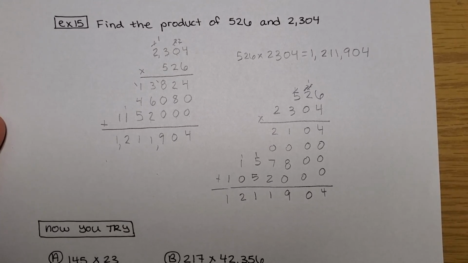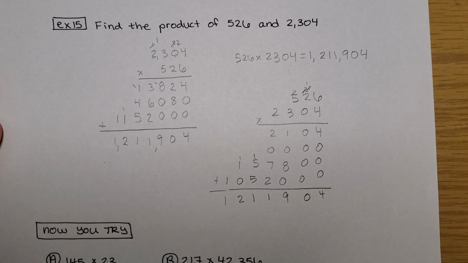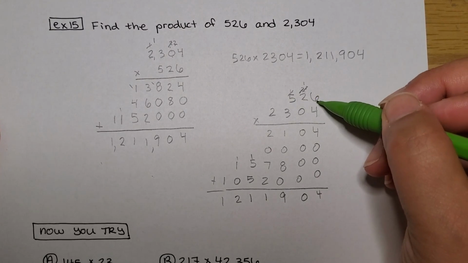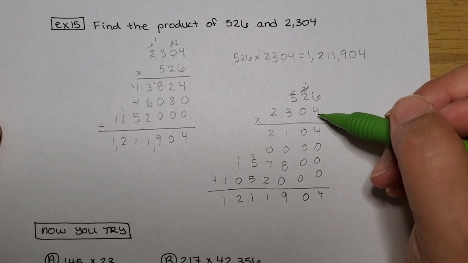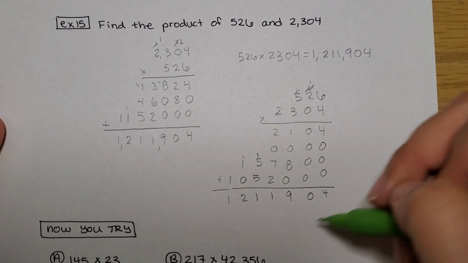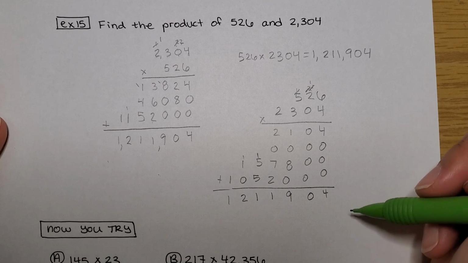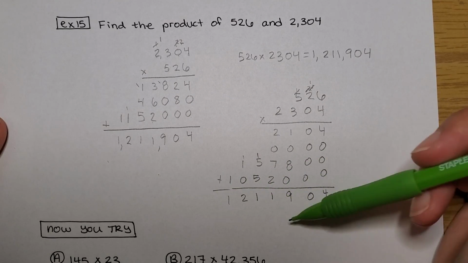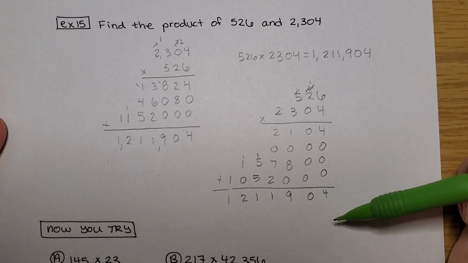Okay, so just to show you that it doesn't matter what order we put the numbers in, I went ahead and put the 526 up top and the 2,304 on bottom, and I found my products that way. And notice that I get the same thing in the end, 1,211,904.